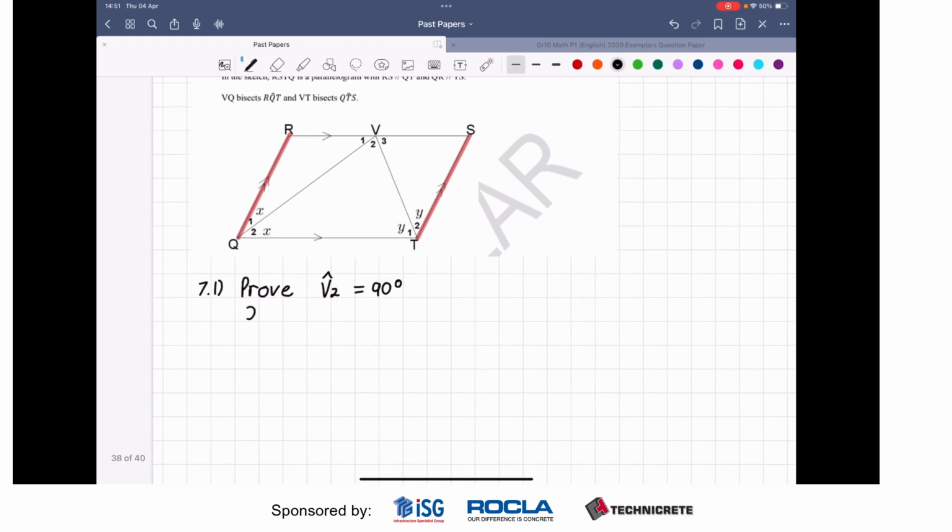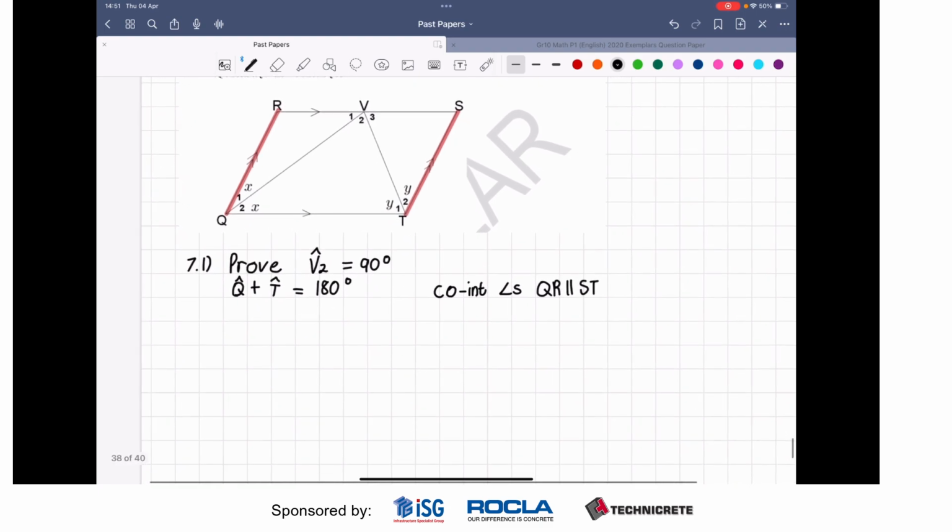So I'm going to say that angle Q plus angle T equals 180 degrees, and the reason is co-interior angles, QR parallel to ST. And I know the value of this angle. This is x plus x, which is 2x, and I know the value of this angle, which is y plus y, so it's 2y.